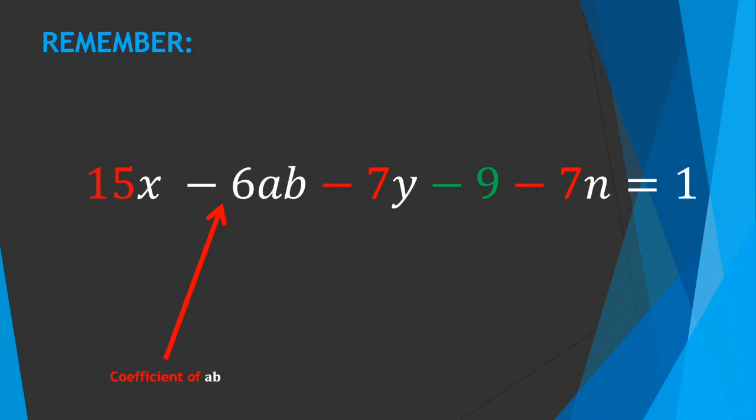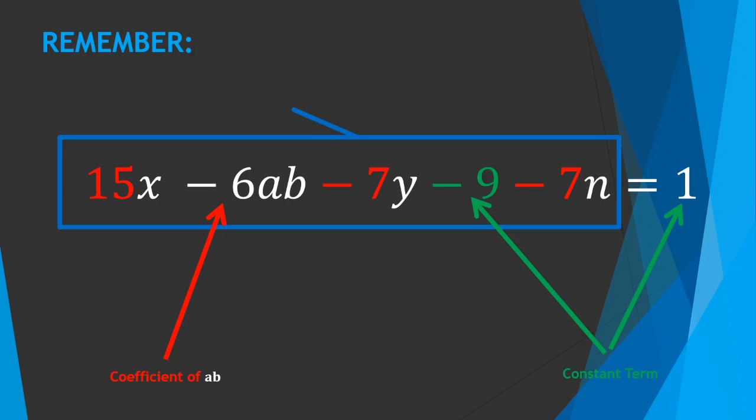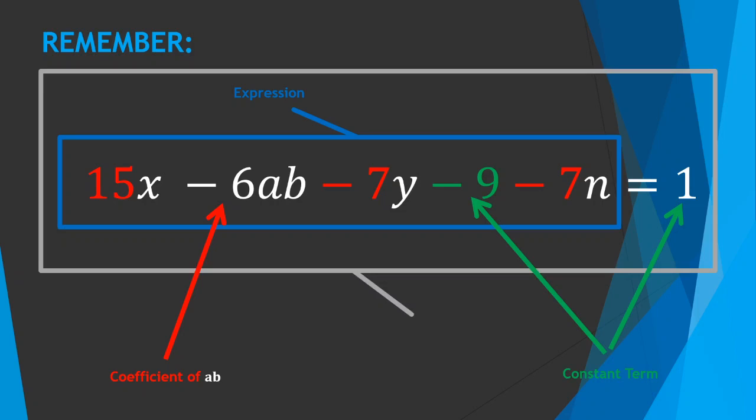And the other one is -7, which is a coefficient of n. Okay, the numbers pointed to in green are constant terms. Everything here on the left of the equal sign is an expression, and everything altogether, sorry, is an equation. Just remembering those key terms.